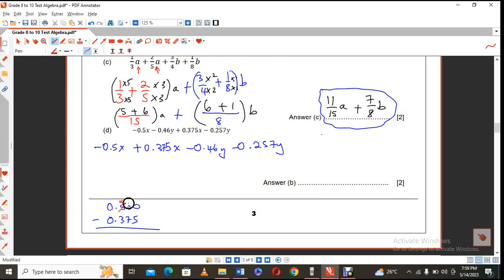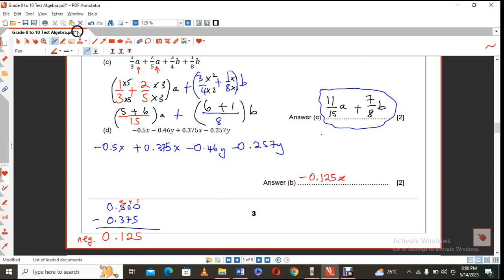That leaves it with a 4. This is going to become a 9. So 1 minus 5 is 5. Then you have 9 minus 7, that is a 2. And 4 minus 3, that is a 1. All right, so at the end of the day, the answer here must be negative. So I have got negative 0.125x.